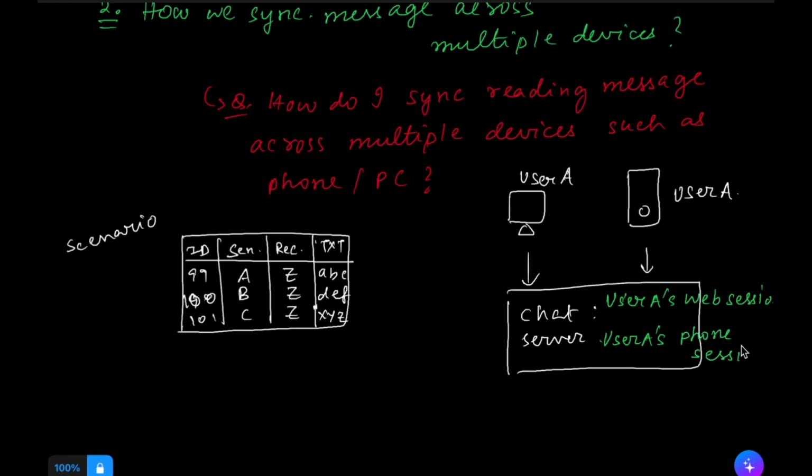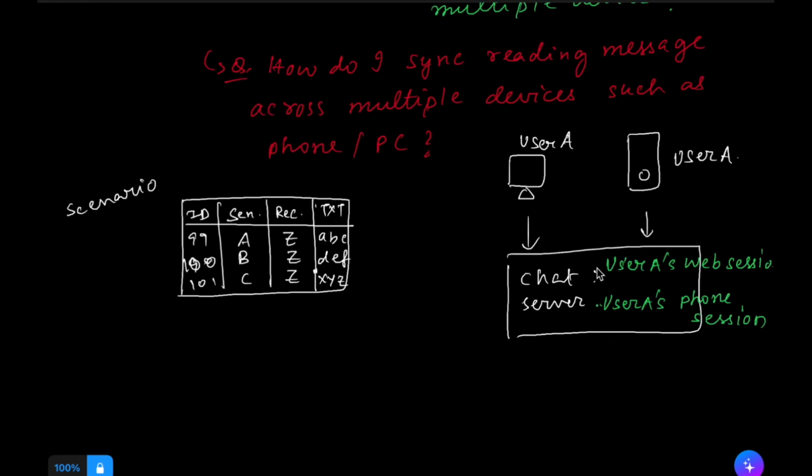Both are running in the chat server. Each of these individual devices maintains a flag called the current max message ID. It is present in both the web application and the phone application.